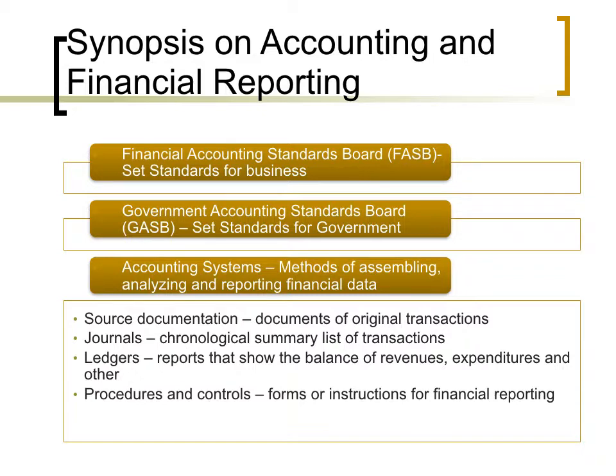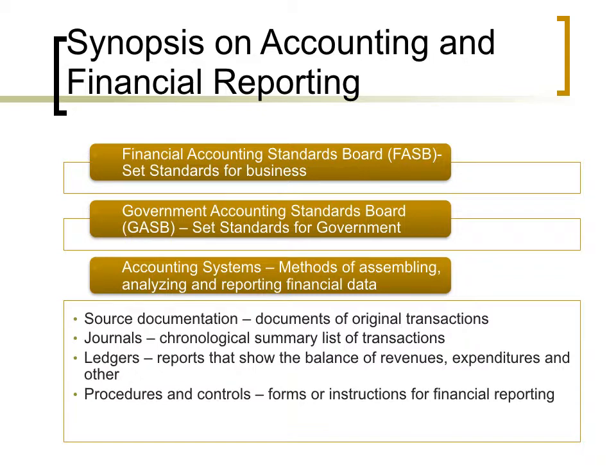Now, under both of these types of standards, they outline how governments and businesses will carry out their accounting systems. Now, what is an accounting system? An accounting system is basically a method of assembling, analyzing, and reporting financial data. When we think about financial data, we're talking about source documentation, journals, ledgers, as well as procedures and controls for reporting fiscal data.